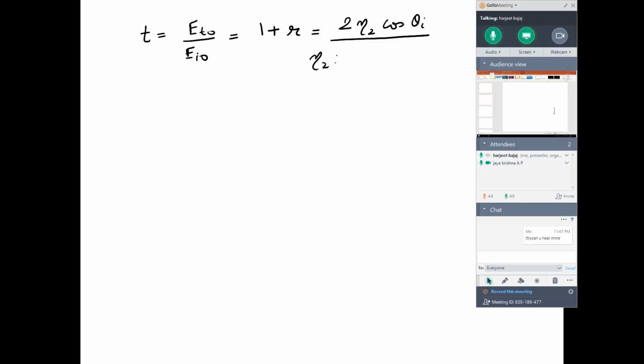If I was calculating my transmission coefficient, which is Eₜ₀ by Eᵢ₀, this turns out to be exactly what we had seen before, 1 plus r, and would be 2η₂ cos θᵢ by η₂ cos θᵢ plus η₁ cos θₜ.